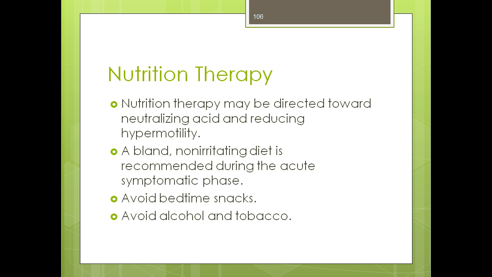Okay, nutrition therapy. You would have to talk to patients, and we've discussed this over again, about reducing the amount of acid in their diet, being more bland, avoiding bedtime snacks, giving yourself a chance to digest, and avoiding alcohol and tobacco.